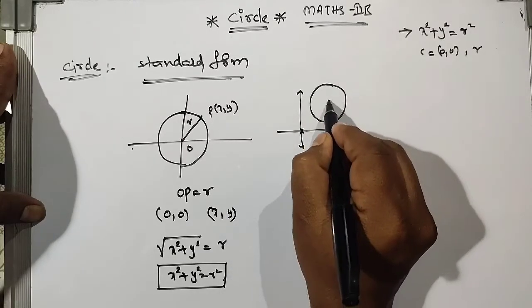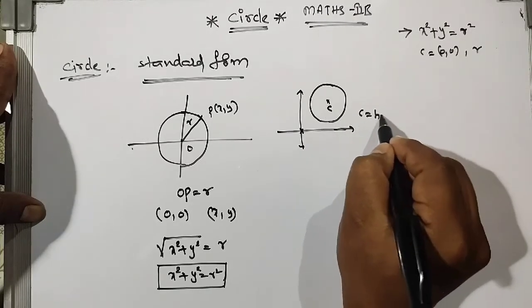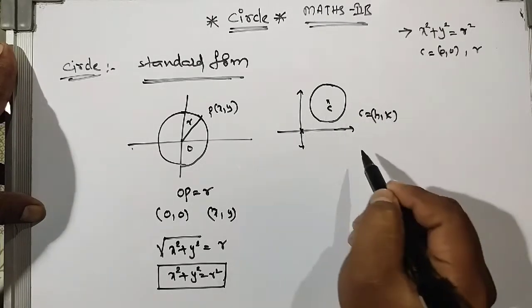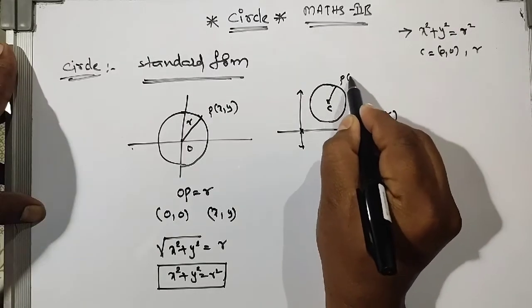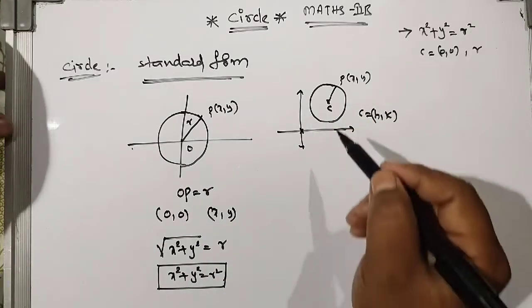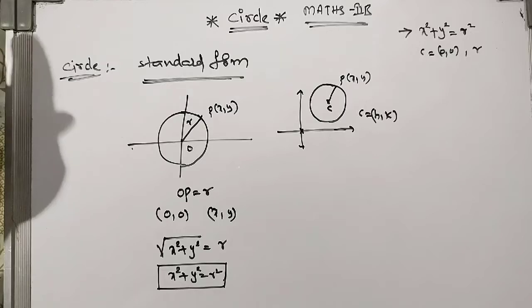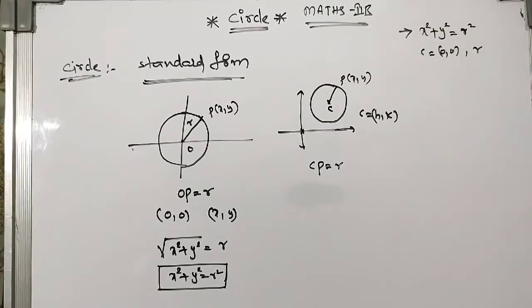This is the center, C is equal to h comma k, and take any point P on the circle. P is the point x comma y, and CP is equal to the radius r.